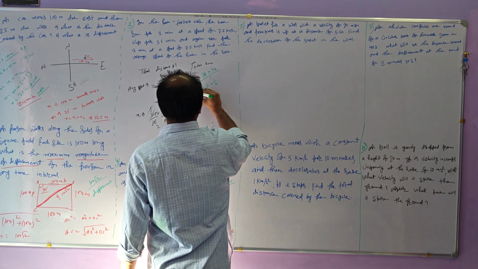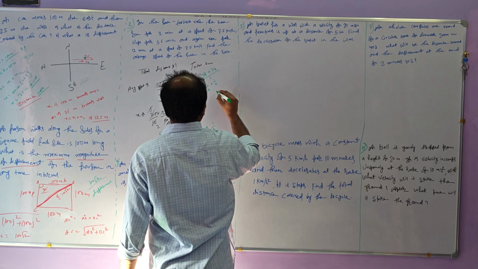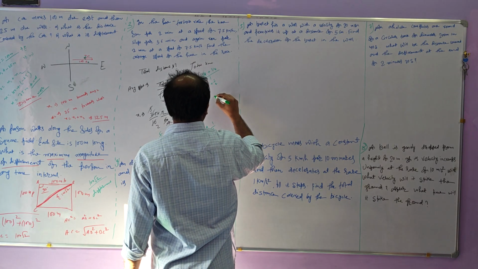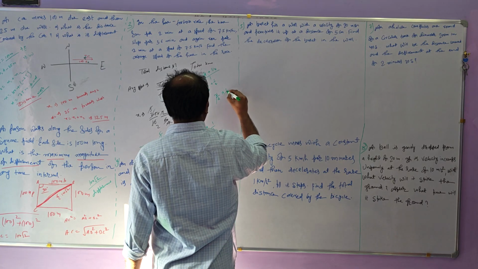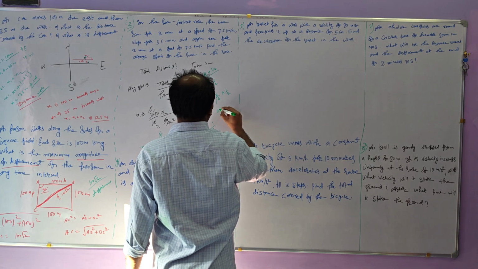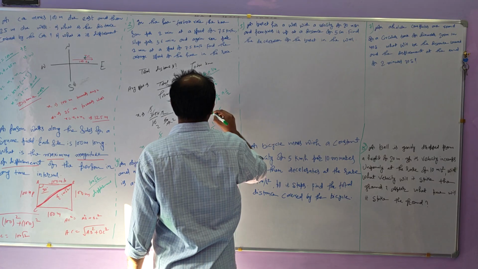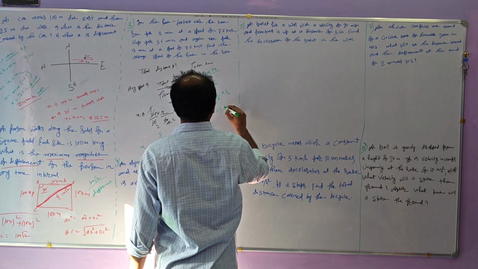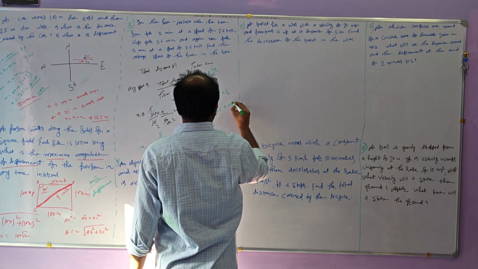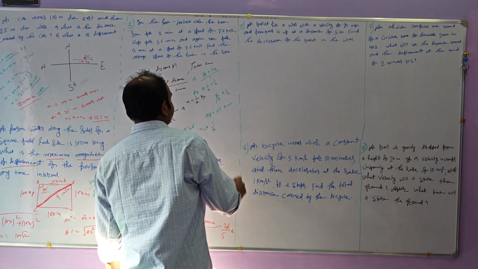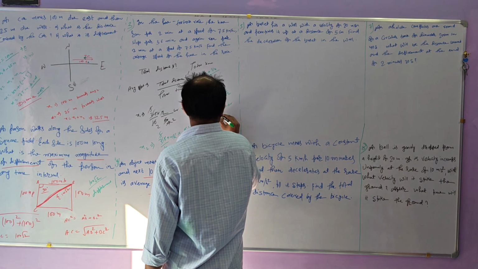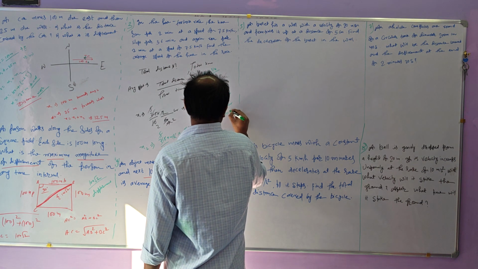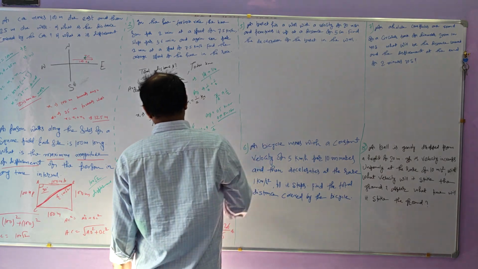So average speed becomes 2 upon 4, that is 1 upon 2, 0.5 kilometer per hour. Otherwise, we can also write 0.50 kilometer per hour.